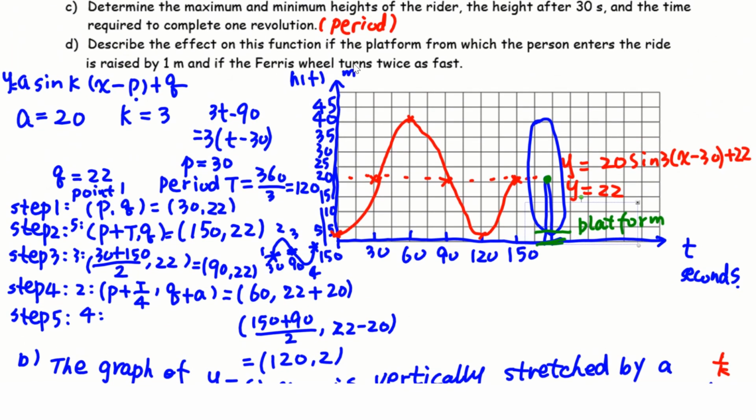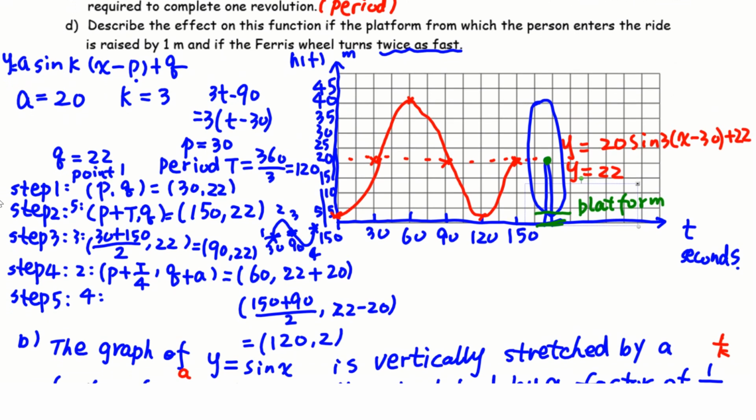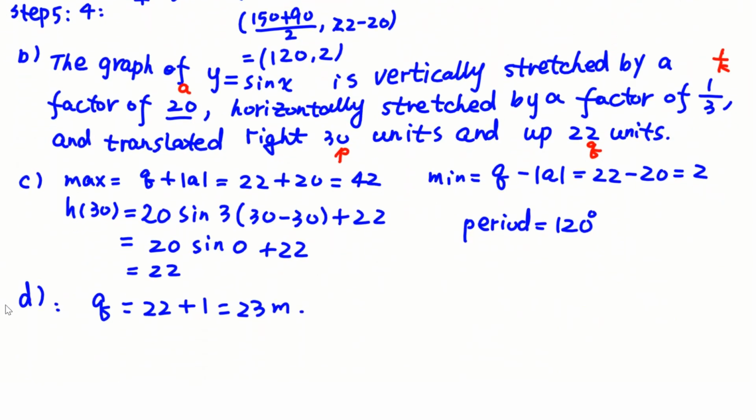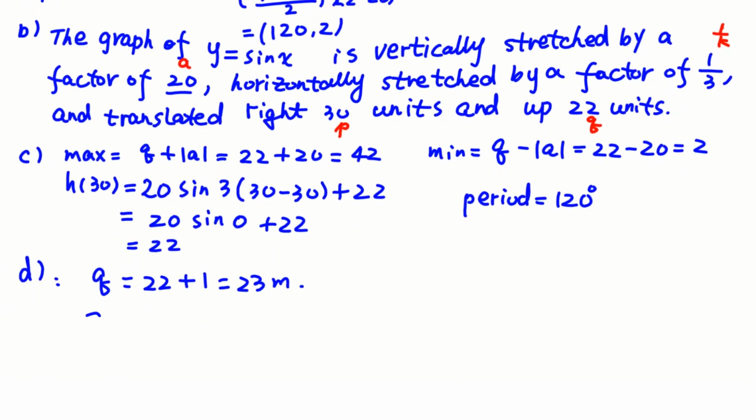And if the Ferris wheel turns twice as fast, which one will happen? What will change is the period, from 120 it becomes half, 60 seconds. Then what will change will be the K value.